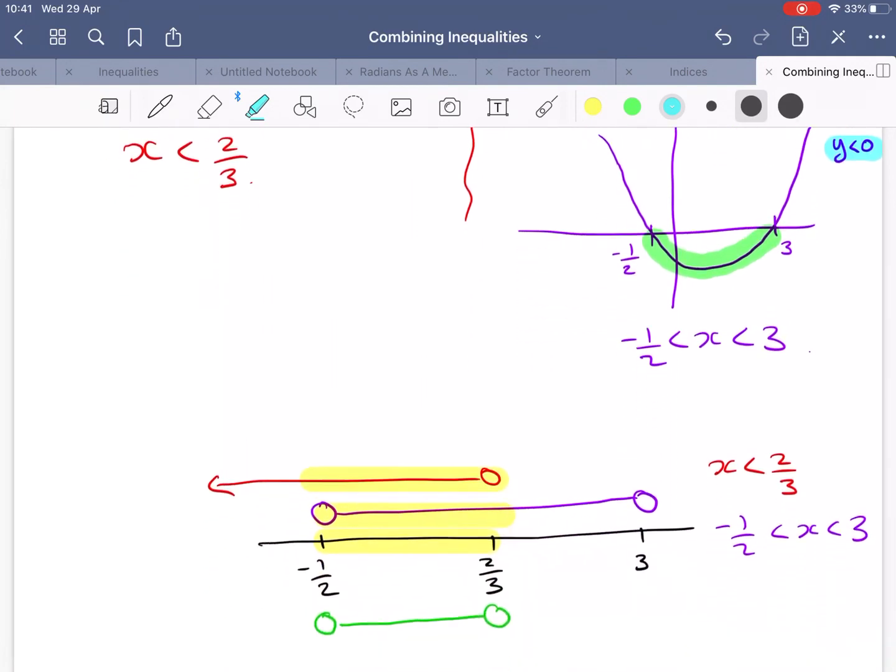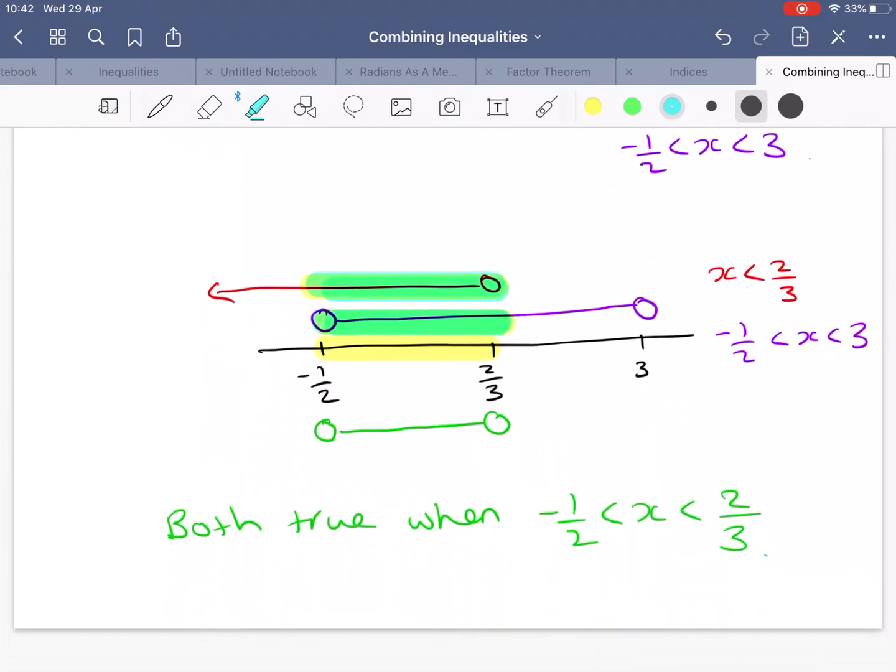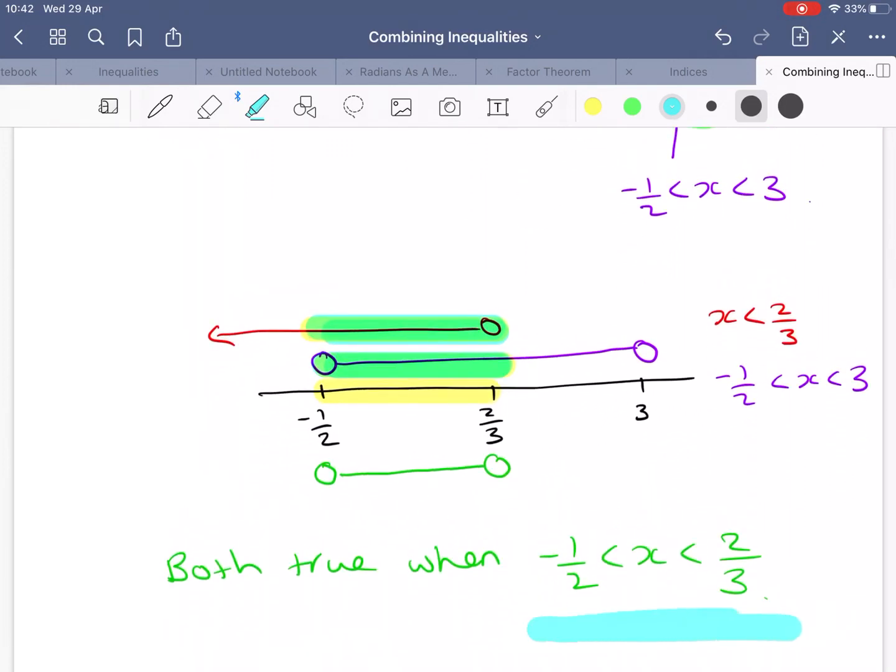So we've got our two inequalities. x is less than 2/3, which is the one in the red on the number line, or x is between -1/2 and 3. And the region when they're both true is just here. So it's just between -1/2 and 2/3. So for both to be true, you should have had -1/2 is less than x is less than 2/3.